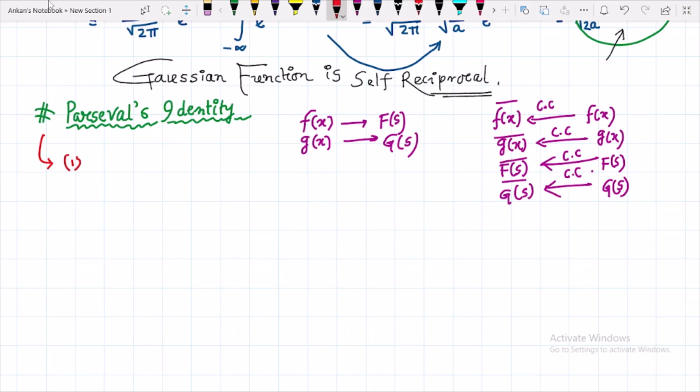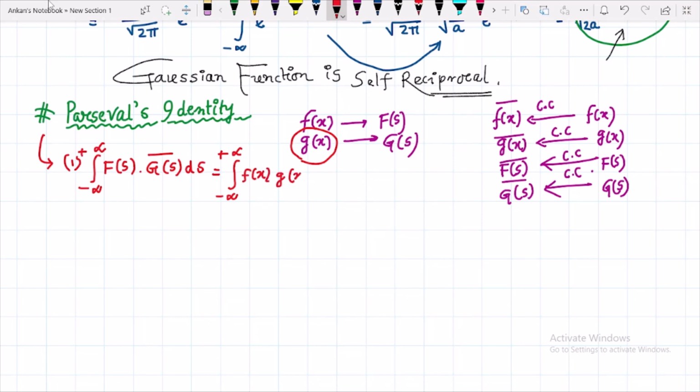Now, what does Parseval's identity say? It says two things. First, the integral from minus infinity to infinity of F(s), the Fourier transform of f(x), multiplied by the complex conjugate of the Fourier transform of g(x), when you integrate it over ds, results in the integral from minus infinity to infinity of f(x) times the complex conjugate of g(x) dx.